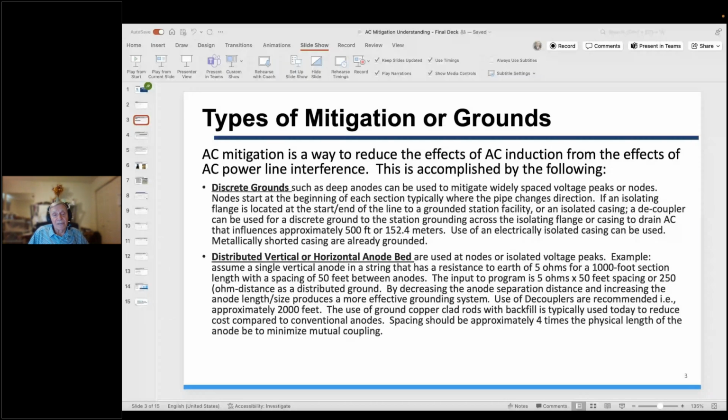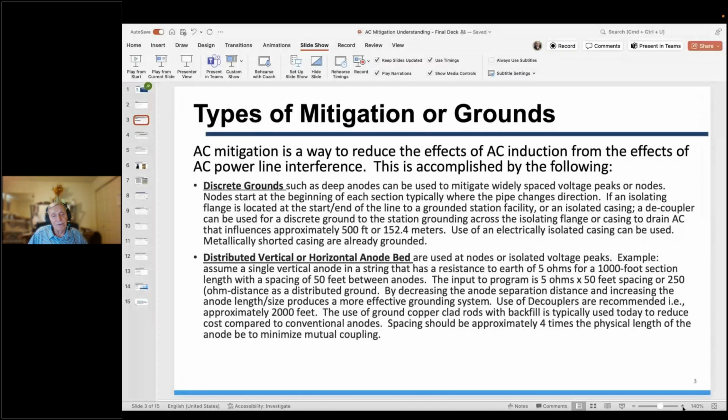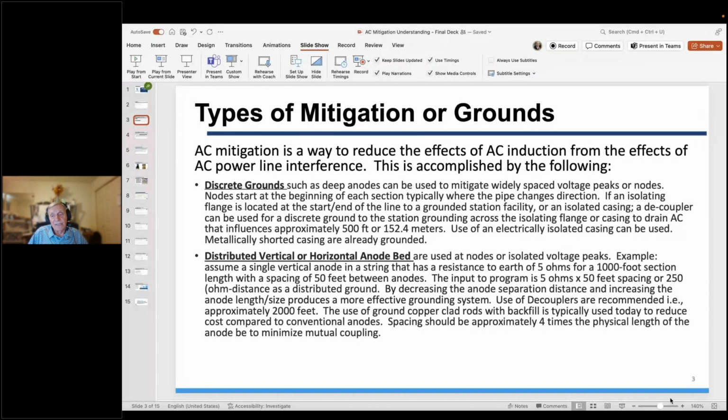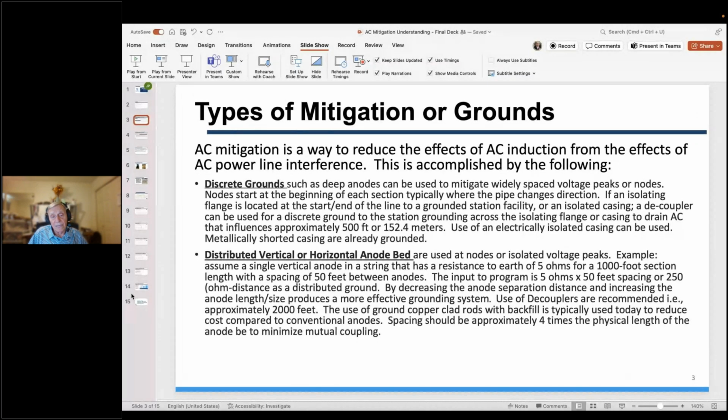The nice thing is, depending on the current drain that is occurring, we recommend trying to use decouplers at least at a 2,000-foot interval, and this is important to making it more effective.